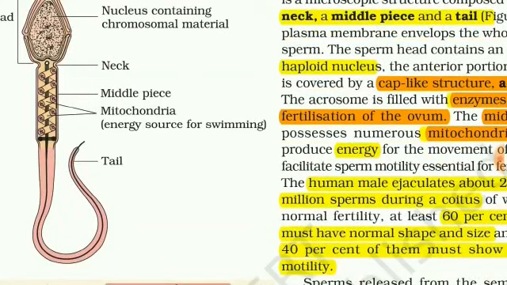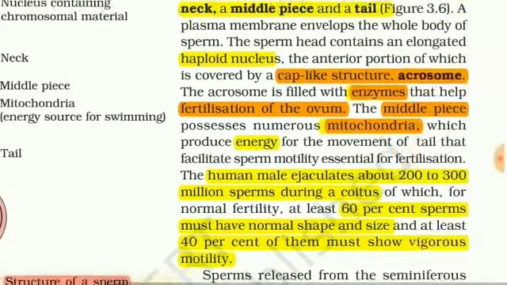Normally the human male produces varied numbers of sperms. For normal fertilization, the human ejaculates 200 to 300 million sperms during coitus.